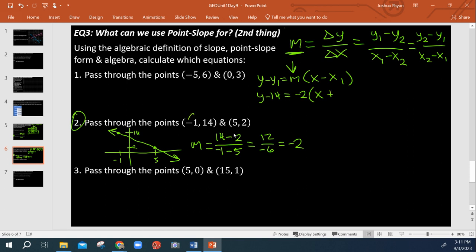Okay, and we know that -1 is going to be a double negative. So we're just going to go ahead and say it's +1. So skip some steps there. Distribute -2x minus 2. Add 14. And we're done. There it is.